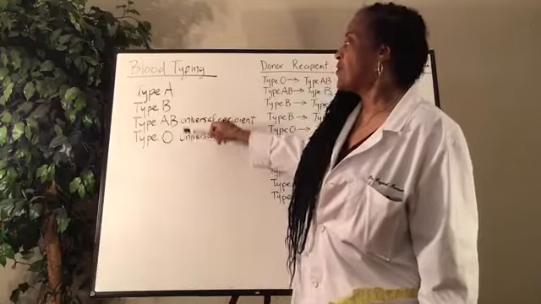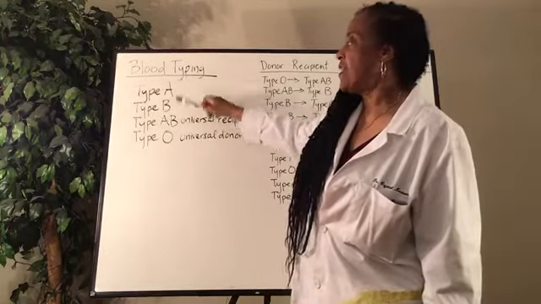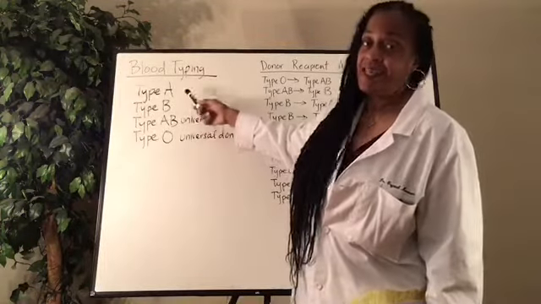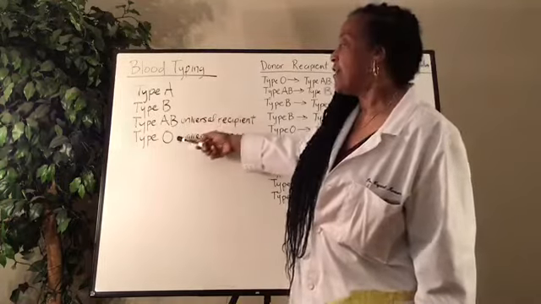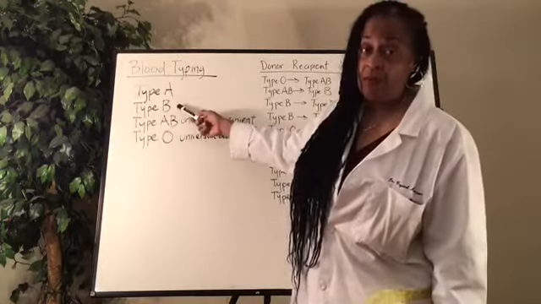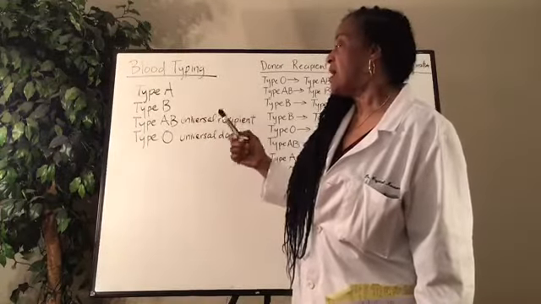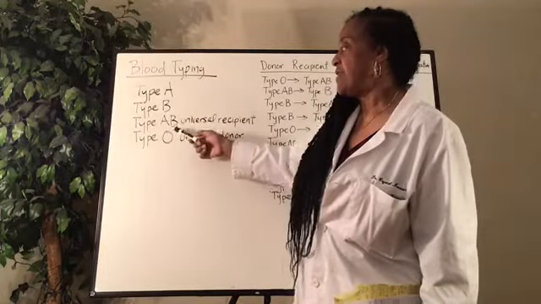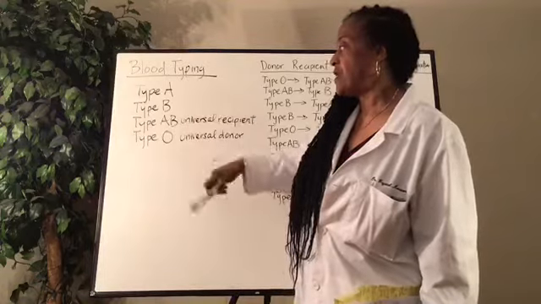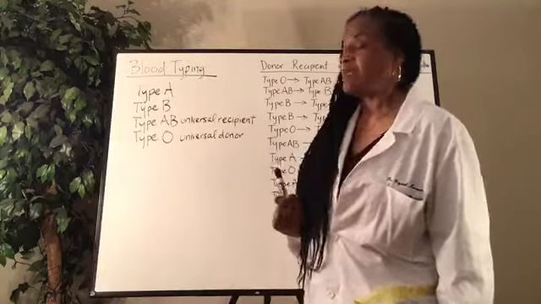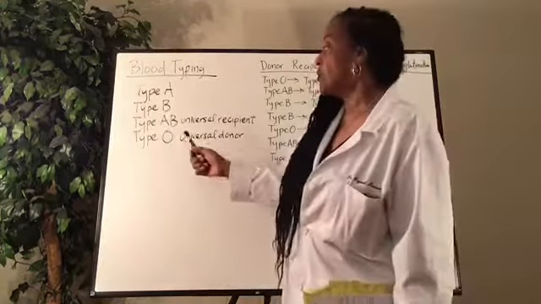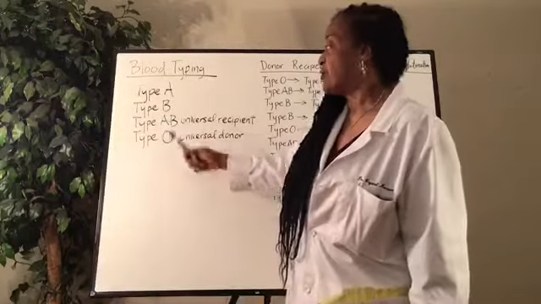If a type O person gets blood from a type A, they're going to have antibodies and attack that type A blood. If type O gets blood from a type B person, they have anti-B antibodies, and type O will attack that blood. If type O gets blood from a type AB person, type O is going to attack that blood.